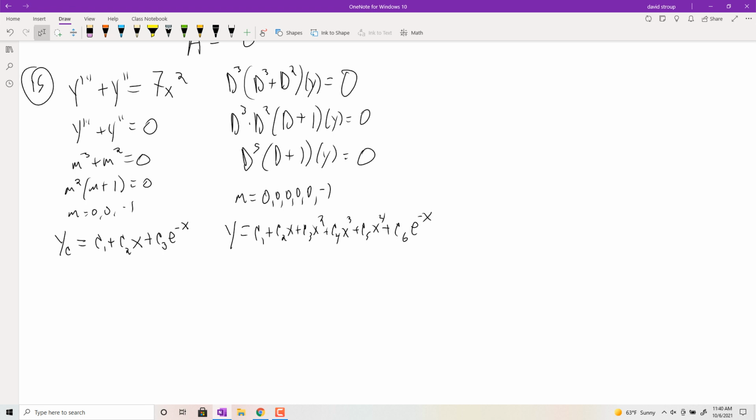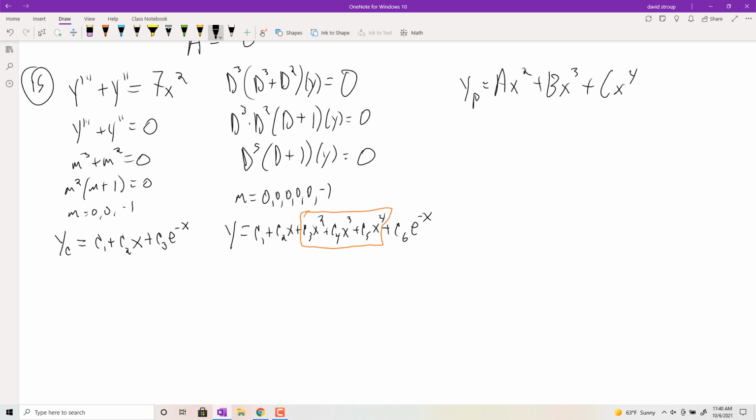The part I want then is everything except that yc part. So taking that away, I'll have this part of it as my particular form. So y sub p is going to be, and I already replaced the constants with a, b, c, ax squared plus bx cubed plus cx to the 4th.